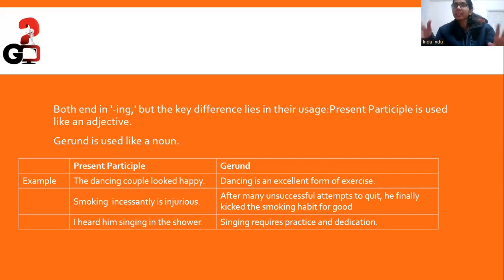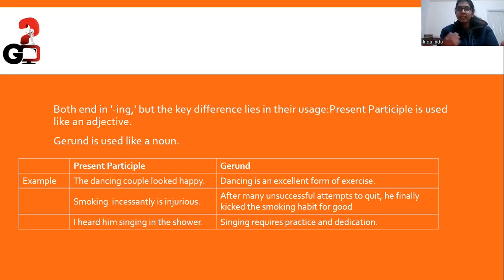The present participle is used as an adjective and gerund is used as a noun. So for example, I have a sentence: the dancing couple looked happy. So here, dancing couple, the couple is the noun, the dancing is the adjective, it describes the noun. The dancing couple looked happy.